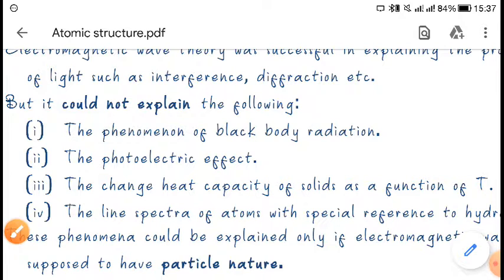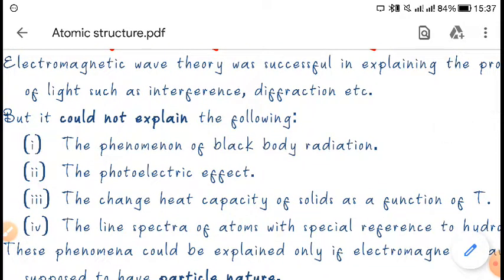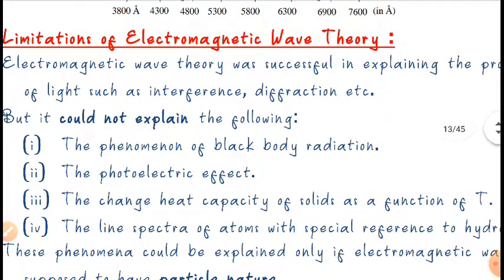Now, interference. When we talk about interference, there are two types: constructive interference and destructive interference. It is very easy to identify which one is constructive and which one is destructive.